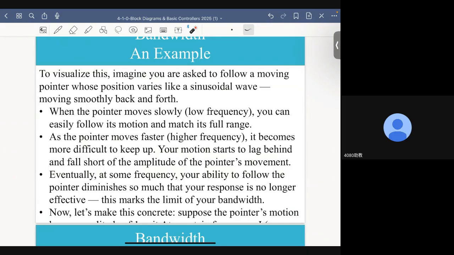And when the pointer switches its moving direction to this end of the blackboard, I have to switch my direction so that I can follow the newly moving direction of the pointer. So the final result is that I will not be able to match the full length of the motion of the pointer when it is moving at high frequency, all right? I fall short of the amplitude of the pointer's movement.